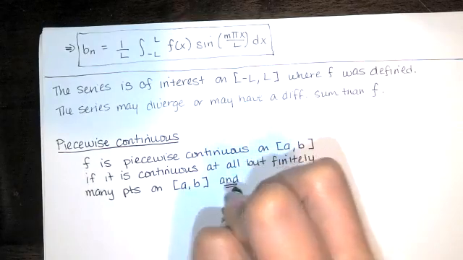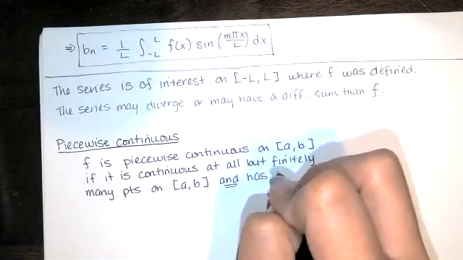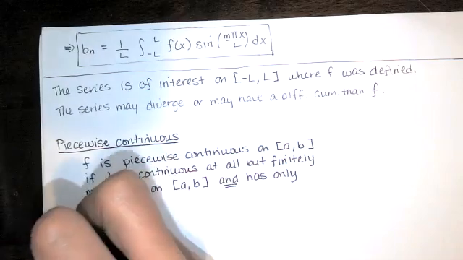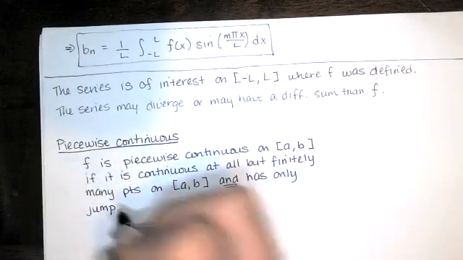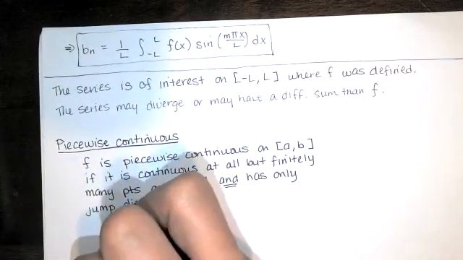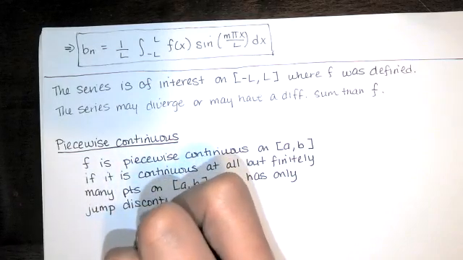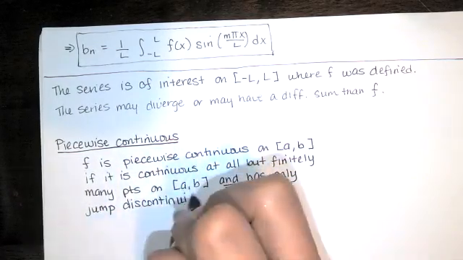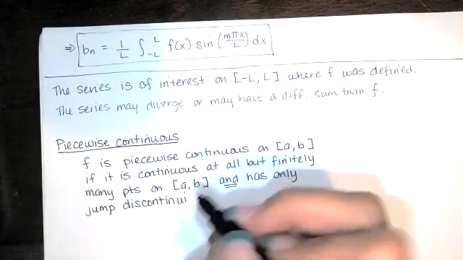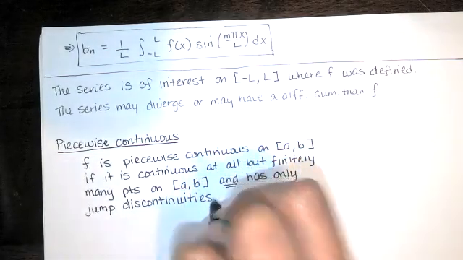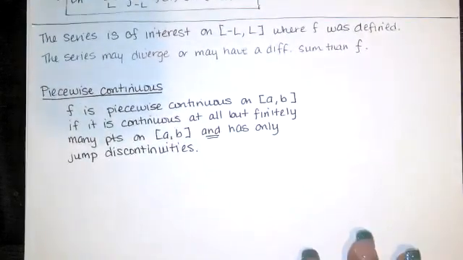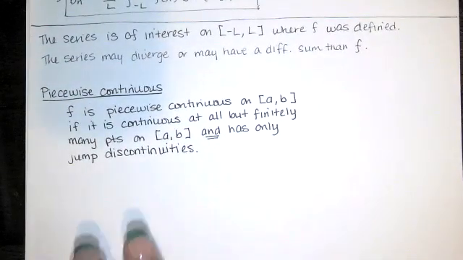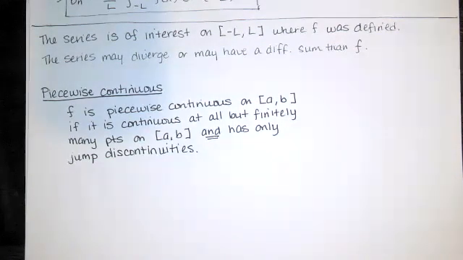And this is really important, has only jump discontinuities. Remember, jump discontinuities are discontinuities where the limit from the left and the limit from the right exist on either side of that discontinuity. So it's continuous all the time except for a number of points that we can count, just a finite number of points. And at each of those points, we have to have a jump discontinuity.